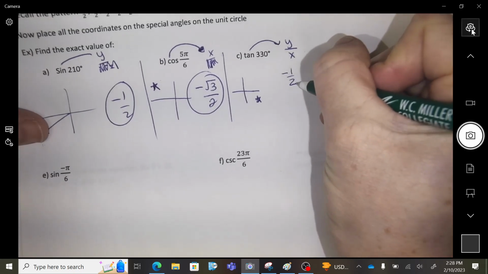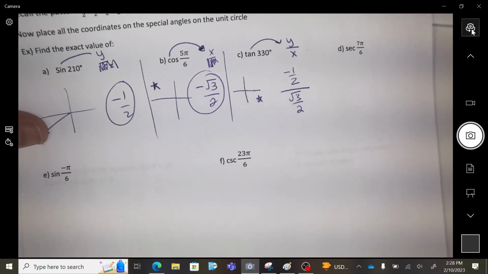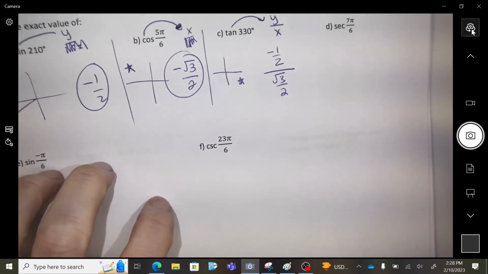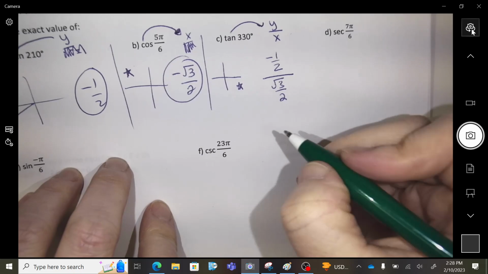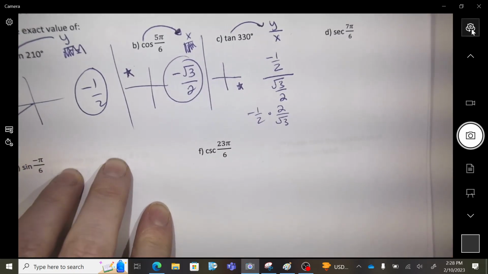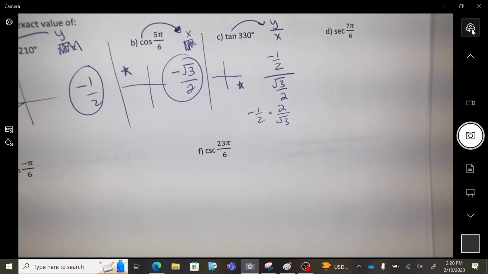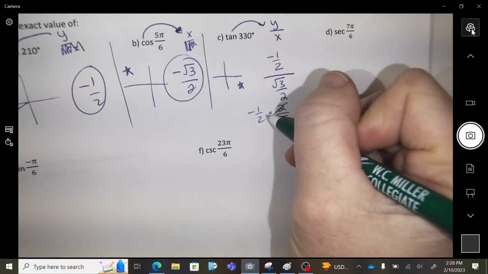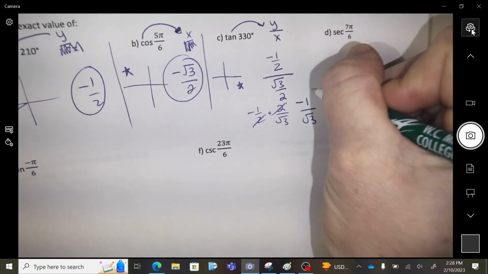So -1/2 divided by √3 over 2. What happens when you're working with dividing two fractions? What's the process? Think flip multiply. And then looking at it, something happens to make my life a little easier. 2's can cancel. And I get -1 over √3.